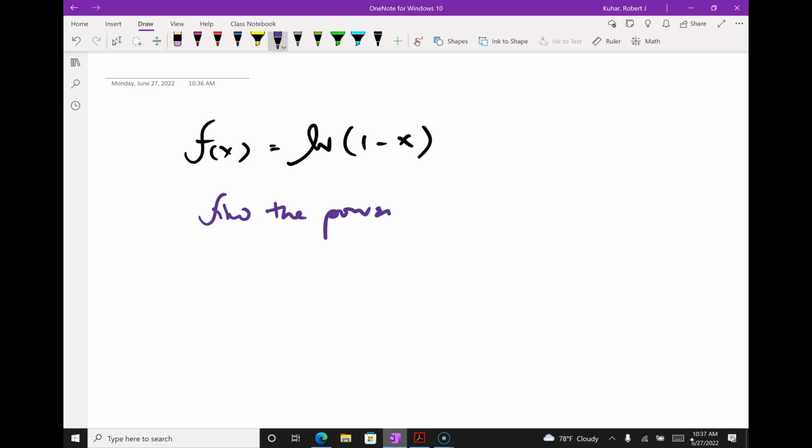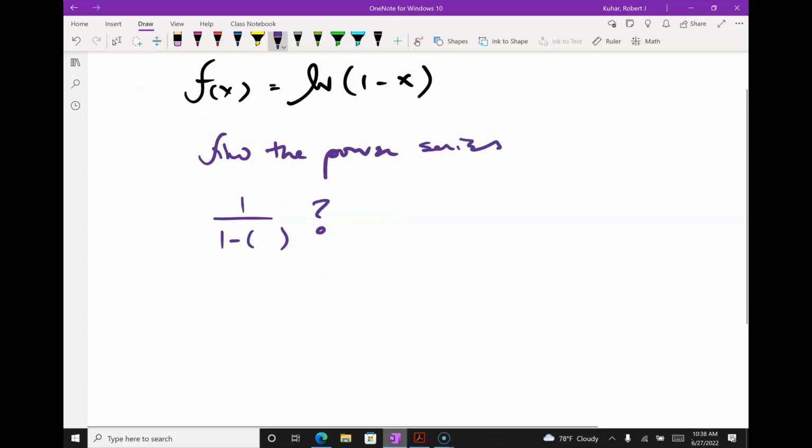This is the stuff that I think is fun, but I'm a nerd. So find a power series for this. Well, it doesn't look anything like what I want, right? What do I want? I want some representation of 1 over 1 minus x, right? Well, it looks an awful lot like it, doesn't it? What is that? Not the integral, the derivative. Yep, so d dx of f of x, it's got to be d dx of the ln of 1 minus x.